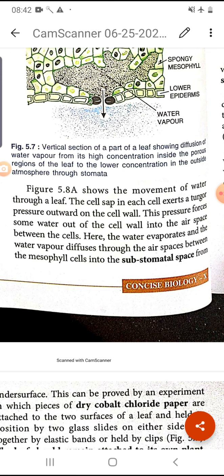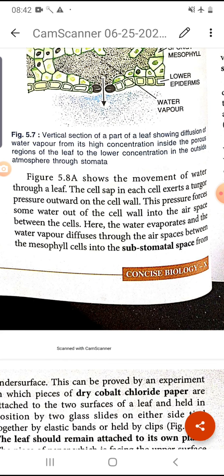This pressure forces some water out of the cell into the air space between the cells. Some very little water comes out into the air space between two cells, and the water evaporates and the water vapor diffuses through the air spaces between the mesophyll cells.